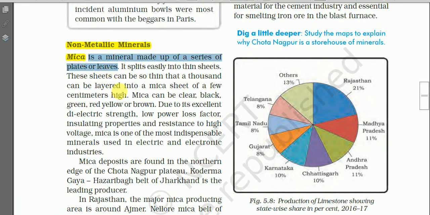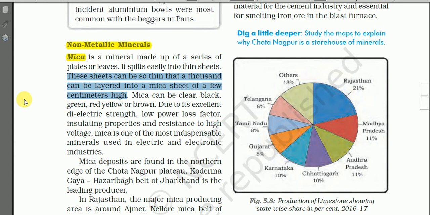Mica is a mineral made up of a series of plates or leaves, which you have seen in the photograph. It splits easily into thin sheets, and these sheets can be so thin that 1,000 can be layered into a mica sheet of a few centimeters high.